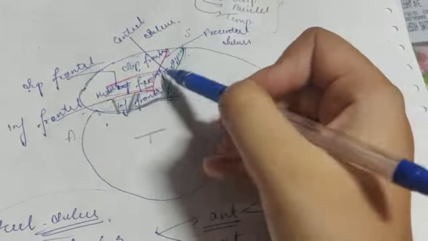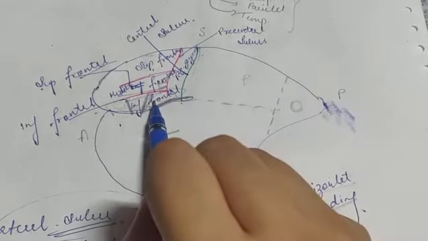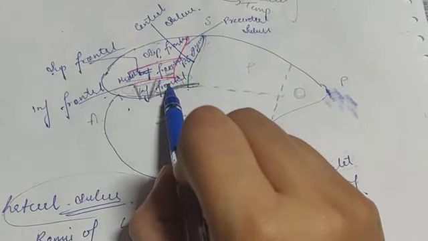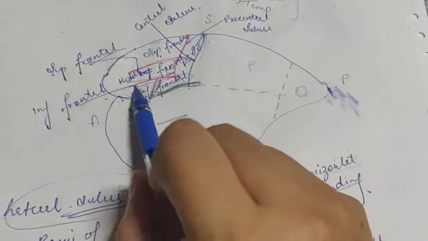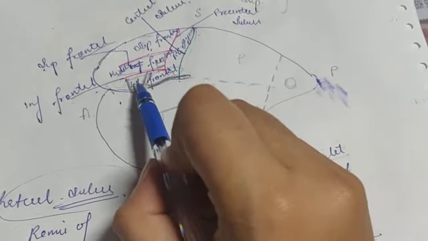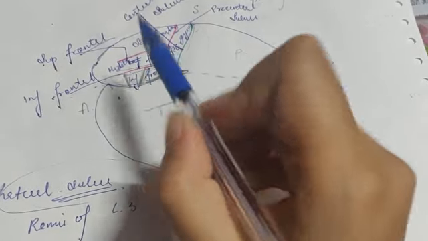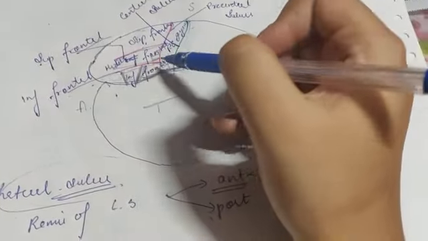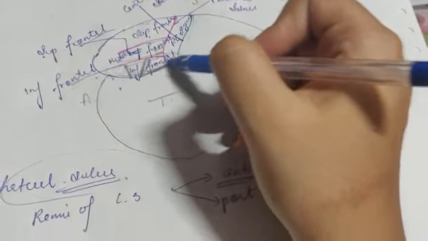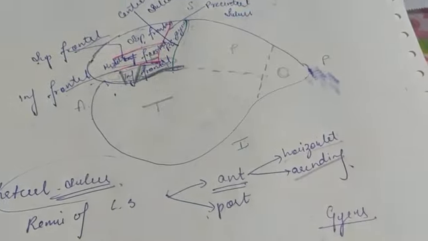Corresponding to that, we have the precentral gyrus, superior frontal gyrus, middle frontal gyrus, and inferior frontal gyrus. In the inferior frontal gyrus, we again have three more: pars orbitalis, which is separated by the horizontal lateral ramus, the pars triangularis, which is between the horizontal and the ascending lateral rami, and then the pars opercularis, which is between the inferior frontal sulcus and the posterior ramus of the lateral sulcus.